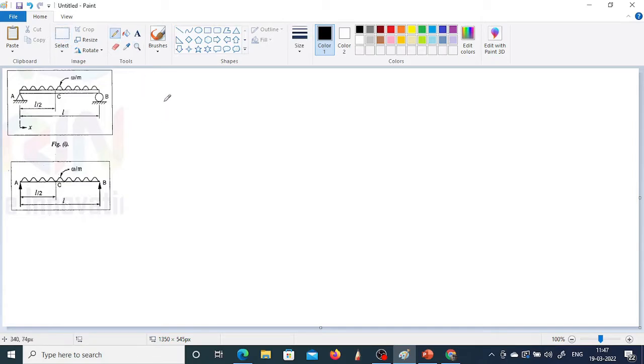Here, what is the governing equation of a beam?